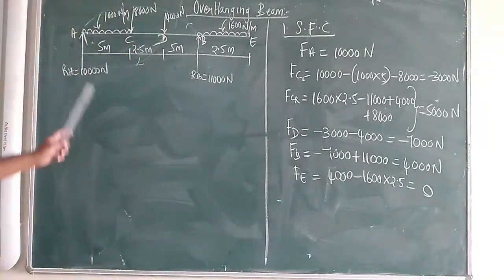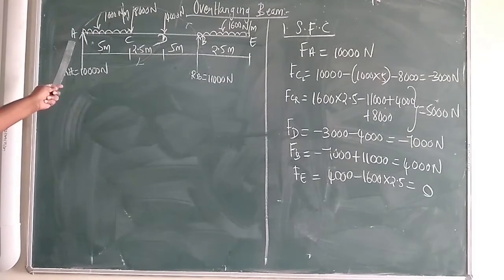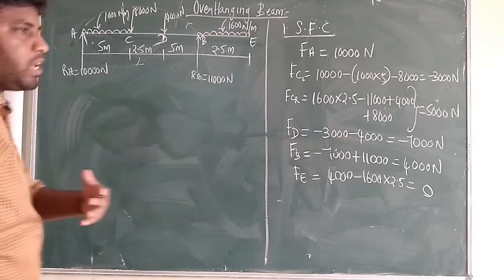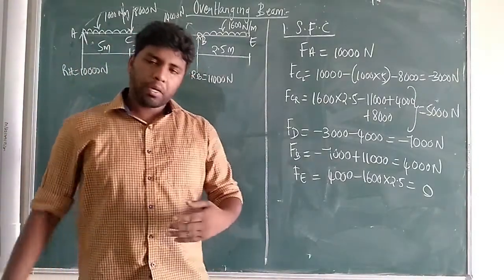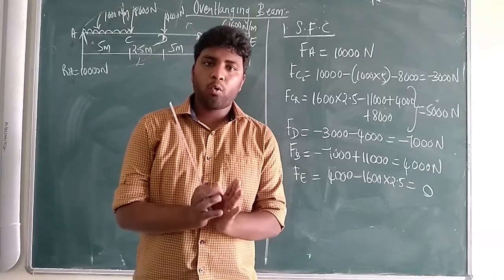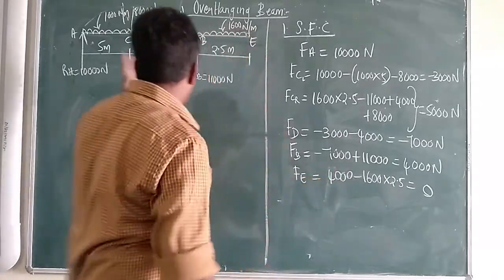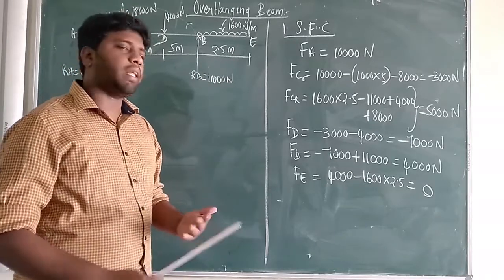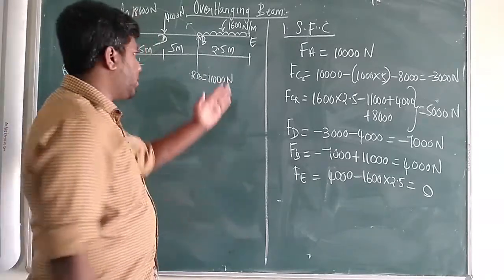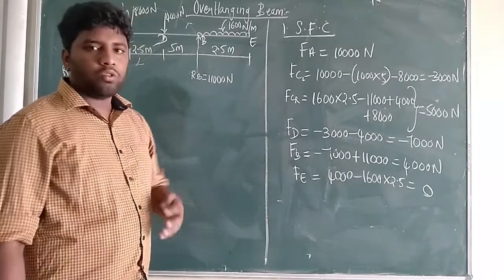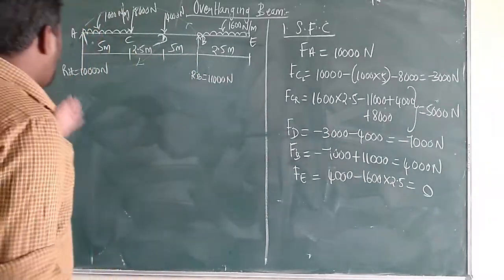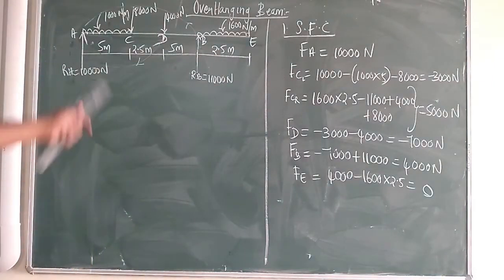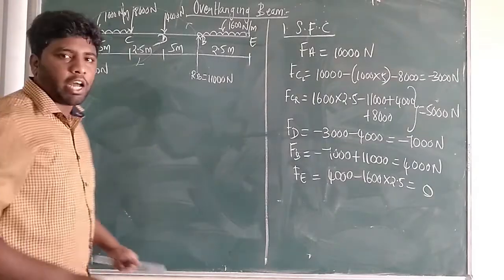So first I am going to calculate shear force at A. While calculating shear force also, you must determine whether I am going to calculate from the left of the section or right of the section. Any one you can do, but the answer will be the same. Okay, you can go for any one. So I am planning to go from left of the section. So if I am going from left of the section, first draw the sign convention for shear force calculation.